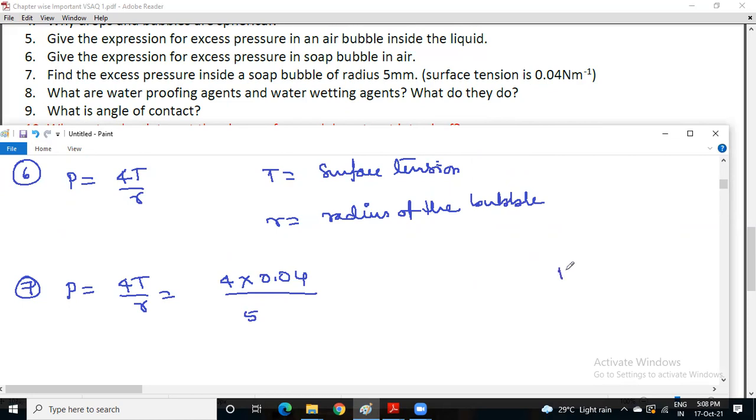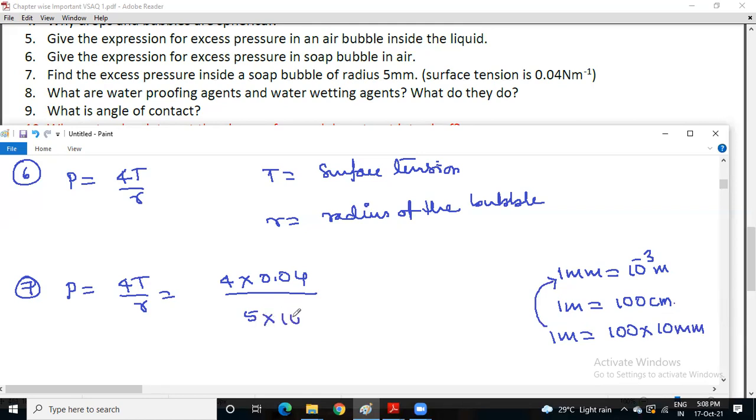So remember 1 millimeter is equal to 10 to the power of -3 meters. How it is: 1 meter is equal to 100 centimeters, and 1 centimeter equals 10 millimeters. You convert this, you will get back this answer. So therefore 5 into 10 to the power of -3.